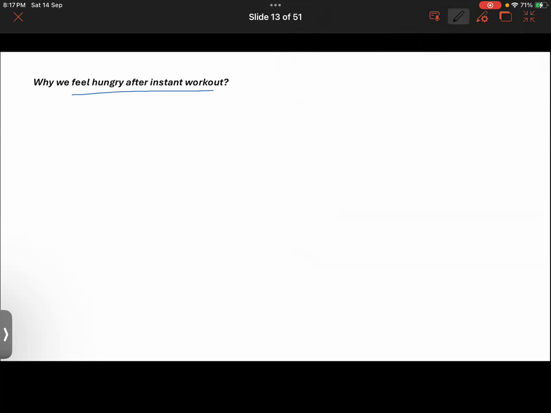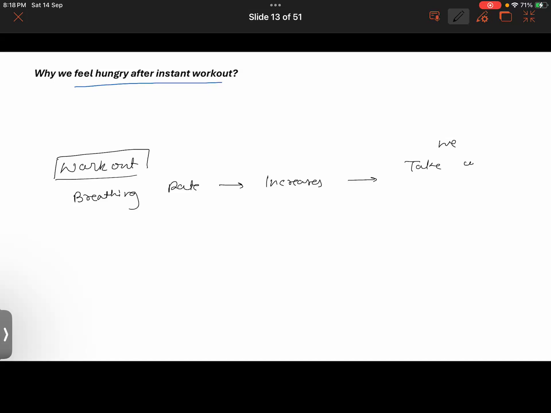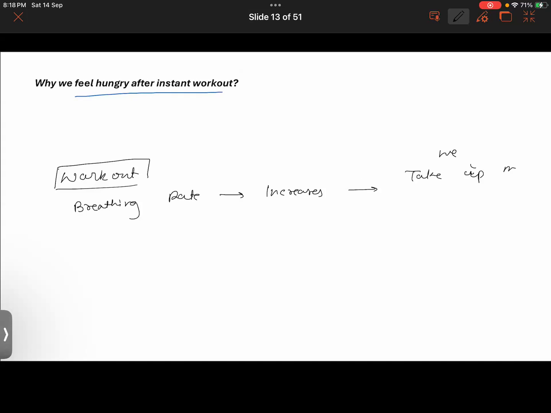Let me help you in this. Whenever you are doing any kind of workout, we observe that we breathe more. Our breathing rate increases. So we are taking up more oxygen than normal.